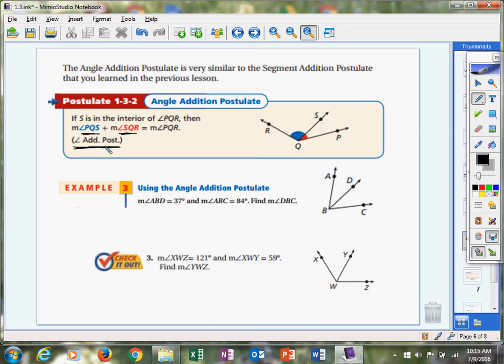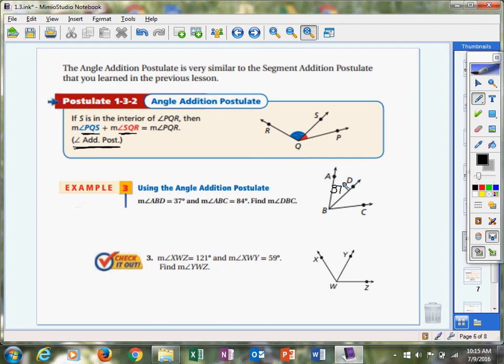All right, so Example 3, we're using the angle addition postulate to help us solve for something that we don't know. They're going to give us some things we do know, and we're going to use this information, this equation, to help us find what we don't know. So we know that angle ABD is 37 degrees, and we know that ABC, the whole thing, is 84.